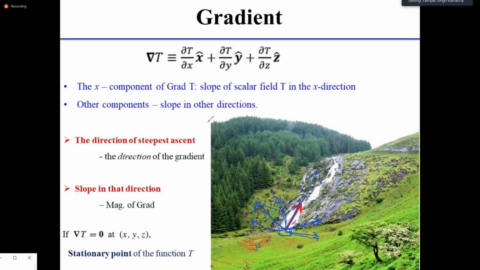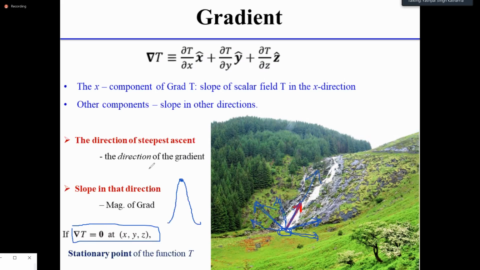In the same way, if you at some point have del t equals 0, say at xyz, then that point is called a stationary point of function t. For example, if you take the summit or the peak of a hill, at that point if you change xyz slightly, then the function t won't change much.